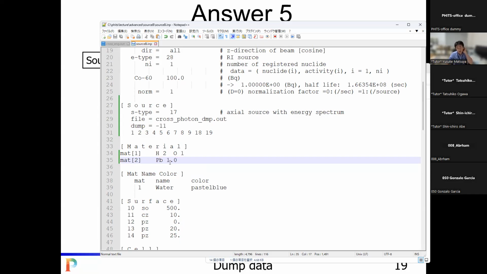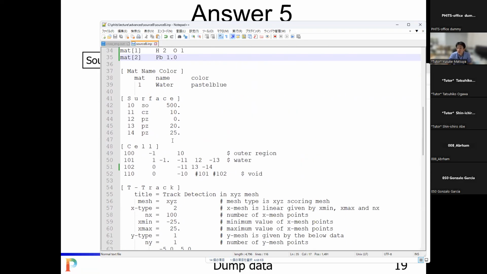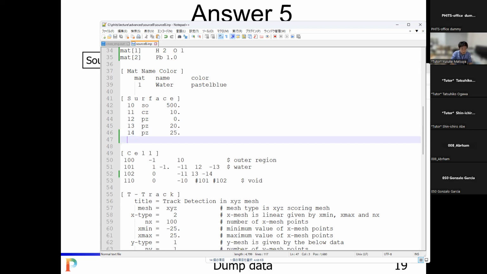And after that, second one is to change the Z coordinates of surface number 15. So adding the PZ and the value of 2526.